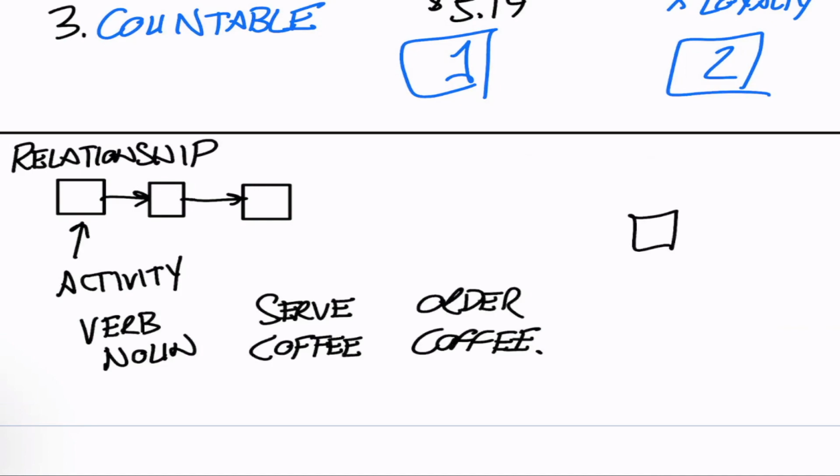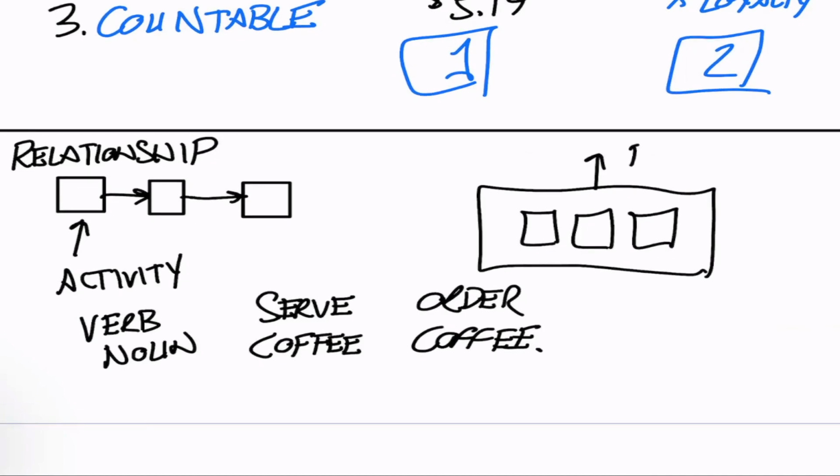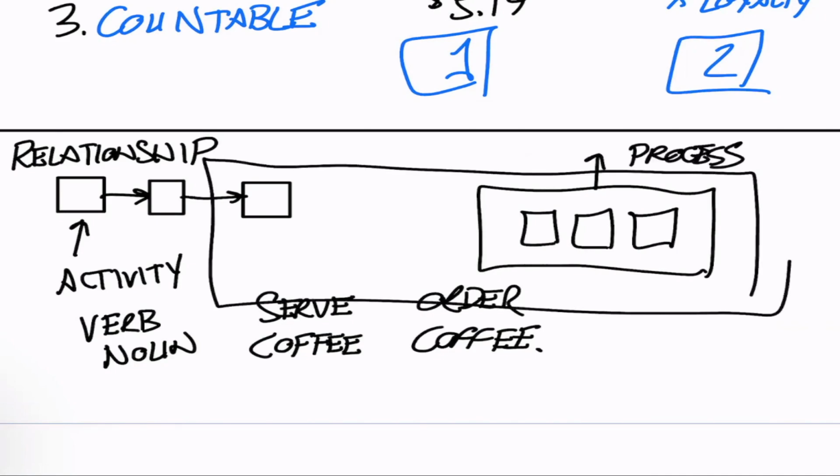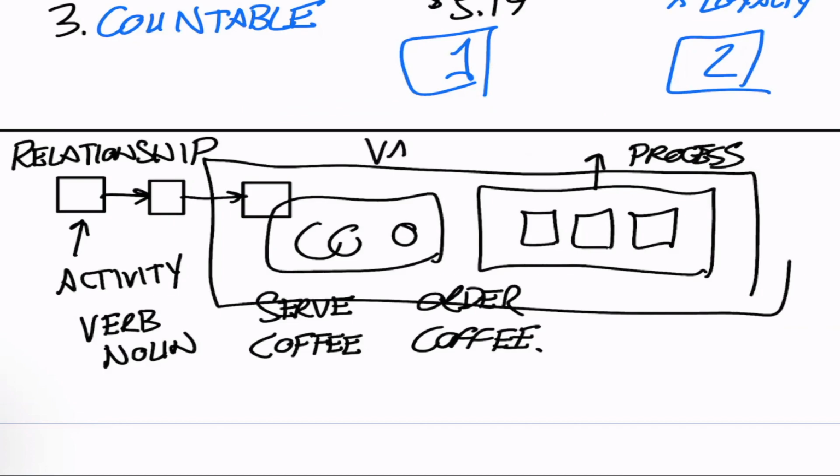You might find that if I have those activities in scope, those might be a part of a larger process. Then when I group these processes together, if I have multiple, say I have another set of processes in here, then I could have a value stream for my coffee shop.